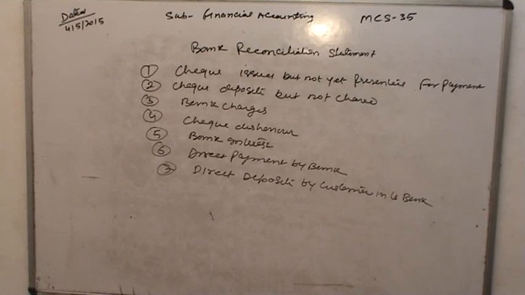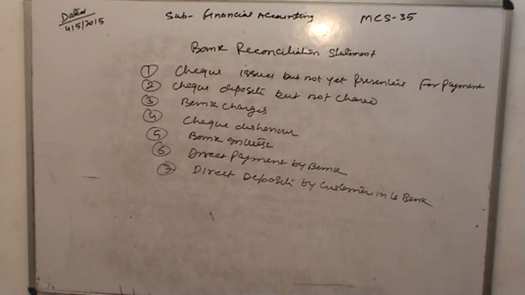Then check deposited but not cleared. There are so many checks received from third parties by the organization, which are collected and entered into the receipt side of the cash book, and then deposited into the bank, and for some reason the bank has not cleared the checks. Then the balance of passbook is less than the balance of cash book.